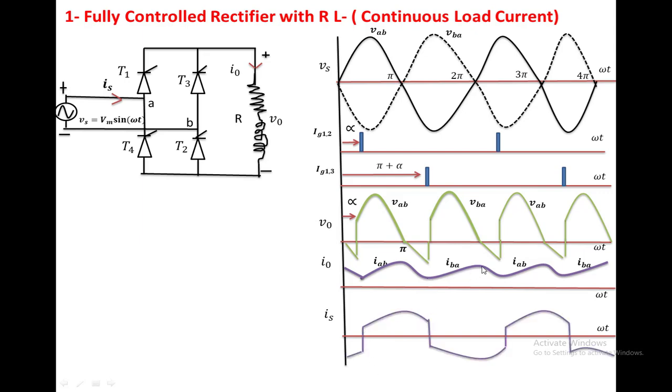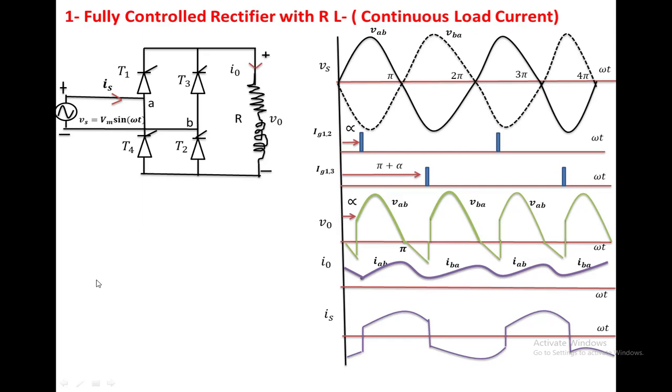Again from pi plus alpha to 2 pi plus alpha, T3, T4 is conducting and the source current becomes negative, so we draw the same waveform on the negative axis. Again T1, T2 gives positive current, here negative current. The load current always remains positive, but the source current is alternating current. The current supplied is alternating, but it is not a pure sine wave.